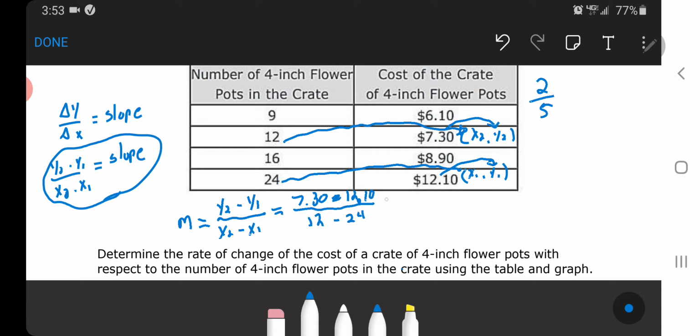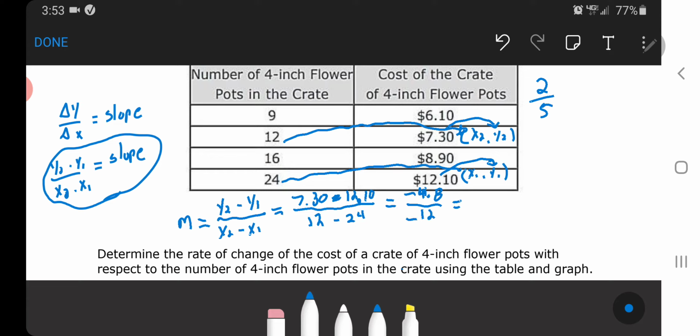Okay, so doing some math here. Once again, I like to use my calculator too every once in a while. I'll get that to be negative 4.8 on the top. 7.30 minus 12.10 is negative 4.8. Over 12 minus 24, you should get negative 12.